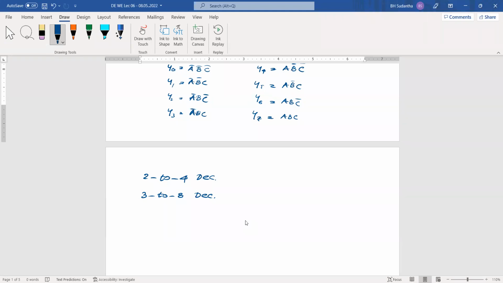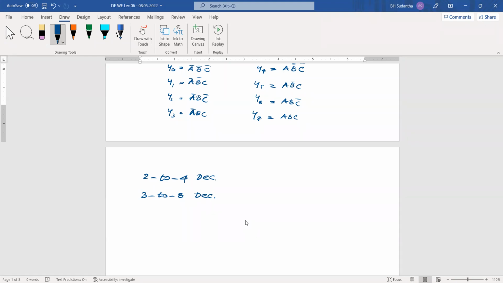The second one, 3 to 8 decoder. What will be the next expansion? Here you can see when you have two inputs, there are four input combinations, then how many output lines? Four output lines. Here, with 3 input lines, the combinations are 2 to the power 3, 8 combinations.